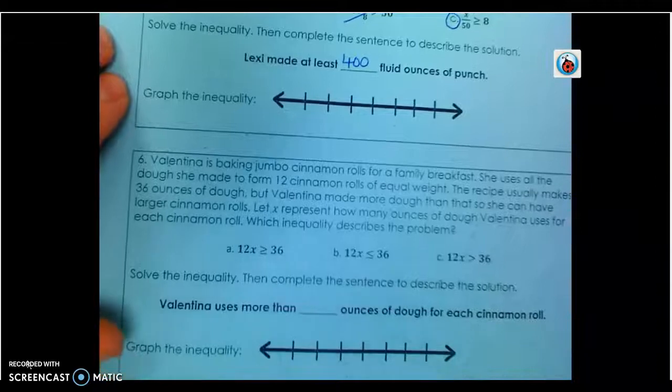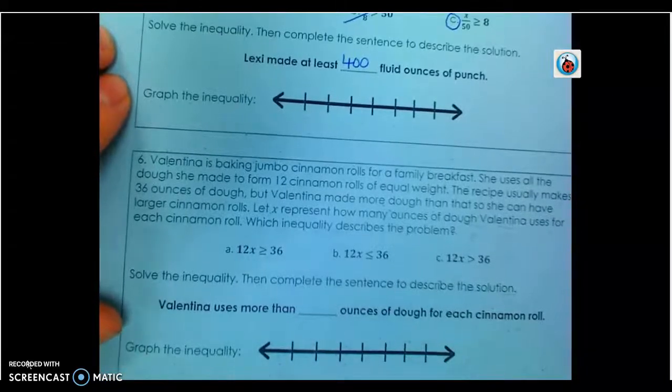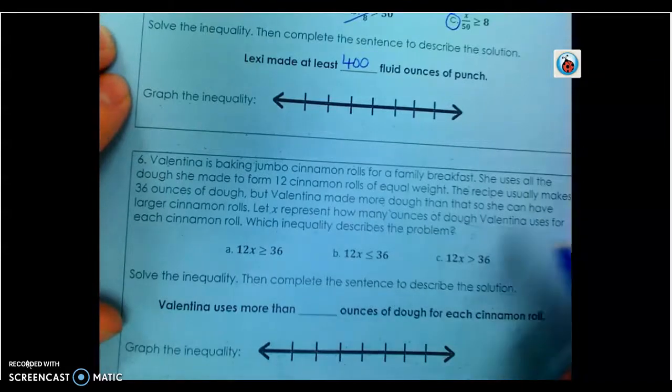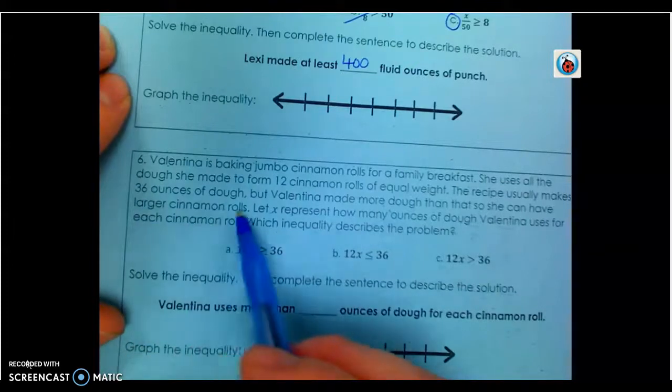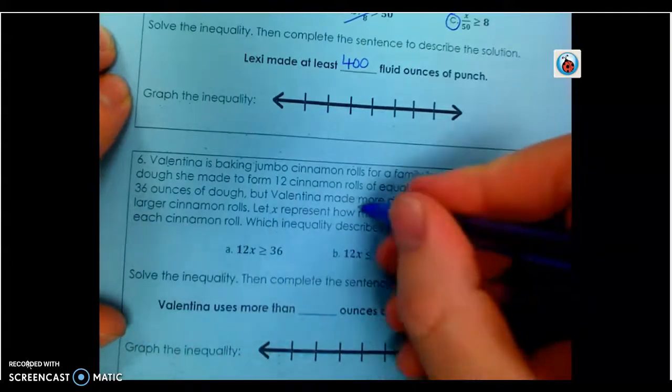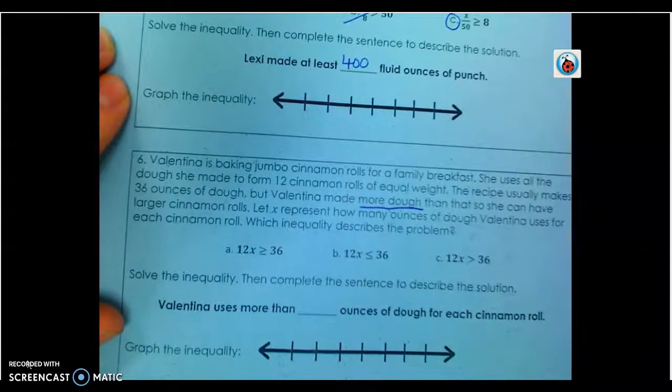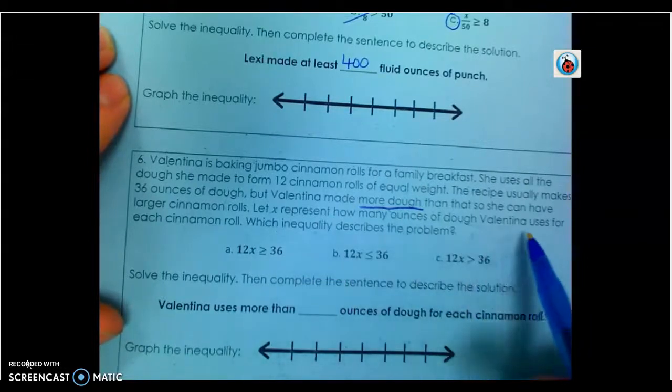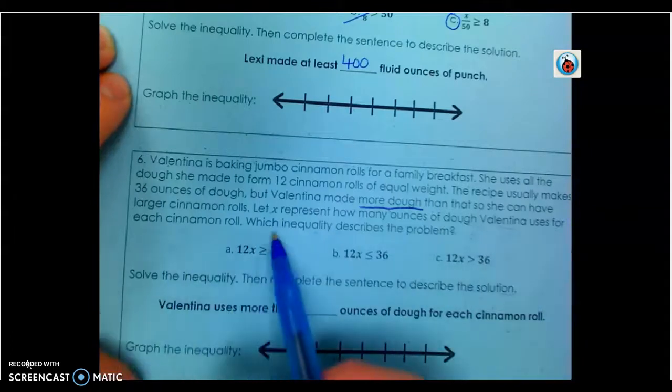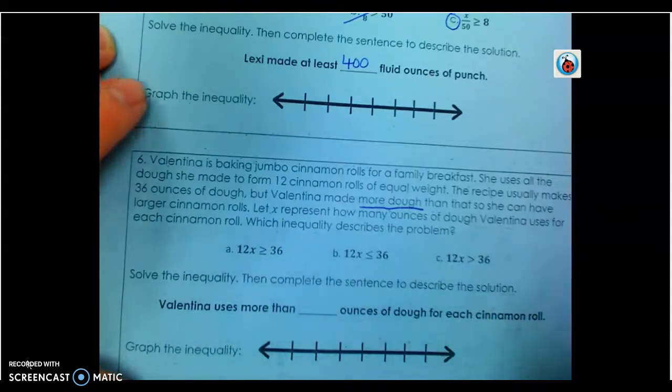Number 6, Valentina is baking jumbo cinnamon rolls for a family breakfast. She uses all of the dough she made to form 12 cinnamon rolls of equal weight. The recipe usually makes 36 ounces of dough, but Valentina made more dough than that so she can have larger cinnamon rolls. Let X represent how many ounces of dough Valentina uses for each cinnamon roll, which inequality describes the problem.